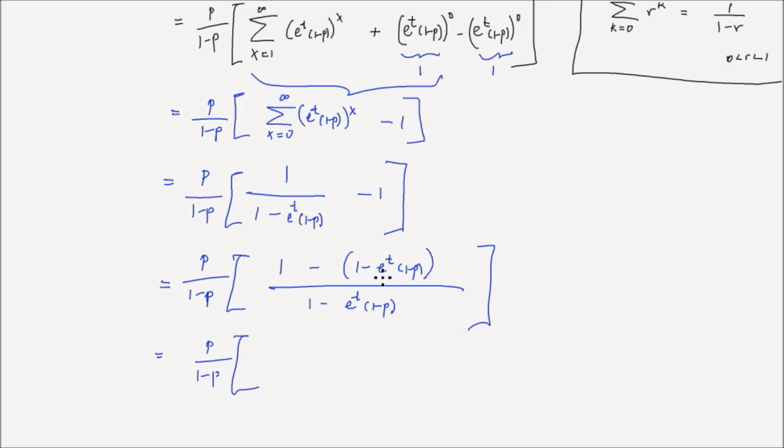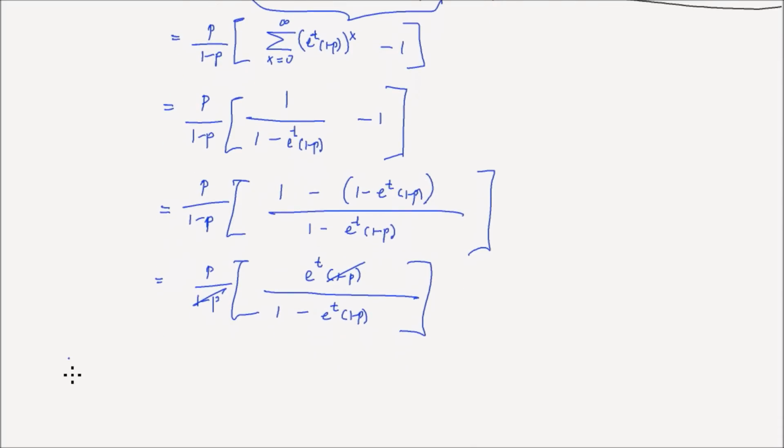I have negative 1 times the negative of that expression, that's positive. So that is e to the power of t times 1 minus p divided by 1 minus e to the power of t times 1 minus p. But 1 minus p here cancels out 1 minus p here. Therefore, the MGF has the following expression.